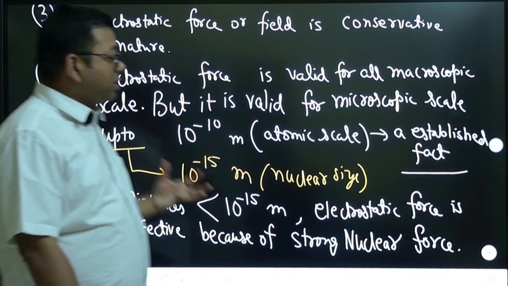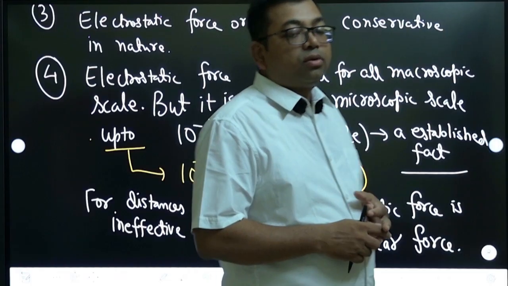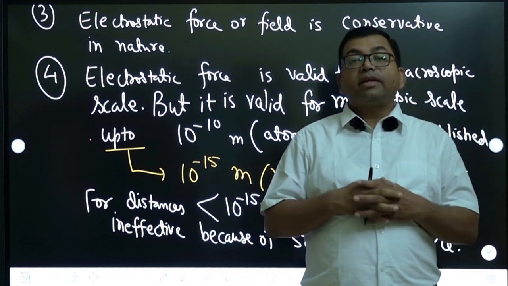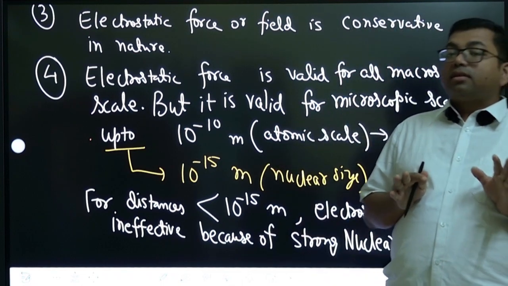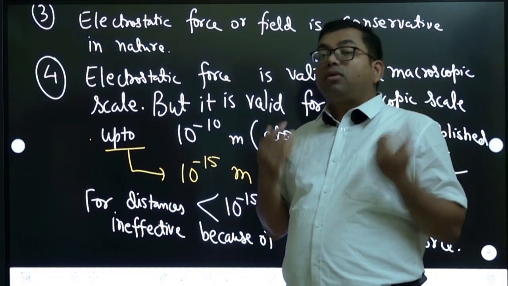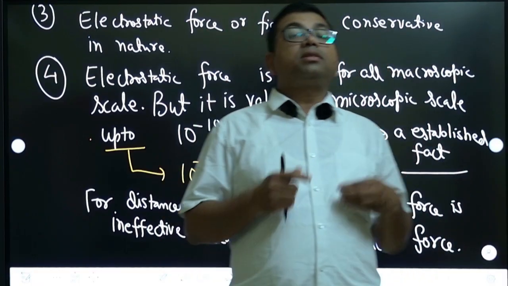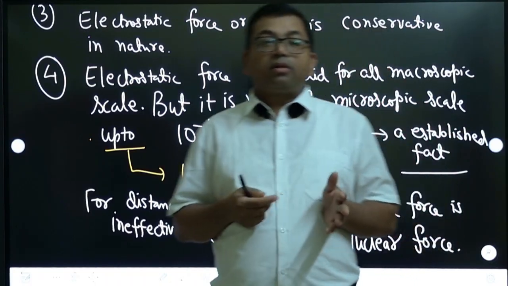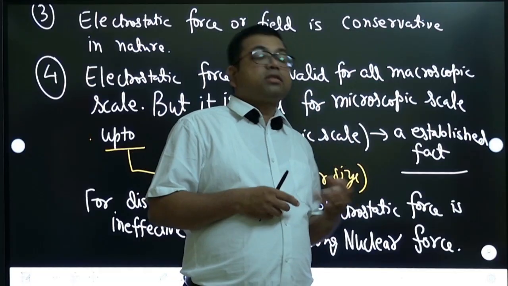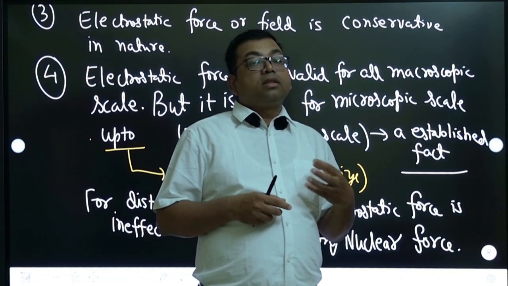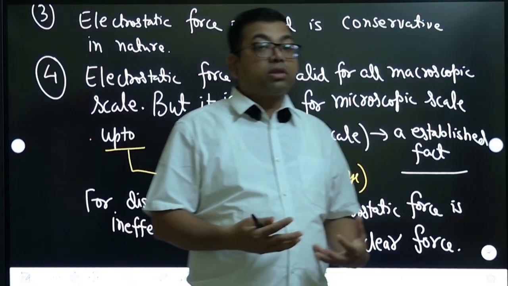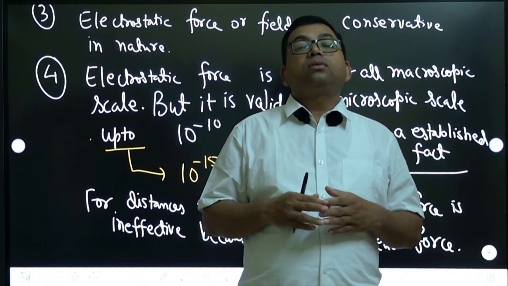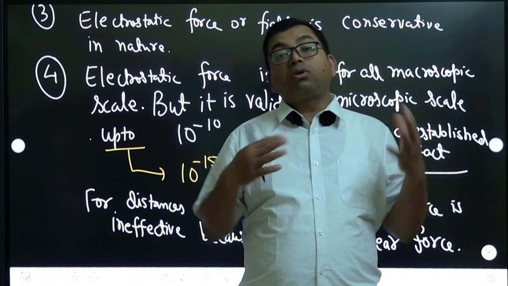So when you keep charges at a very small distance, even smaller than nuclear size, their electrostatic force will not work. It may act, but it will not be effective, or its effect will not be visible. The reason is that for such small distances, there is another kind of force that acts, that is nuclear force, and that too strong nuclear force.